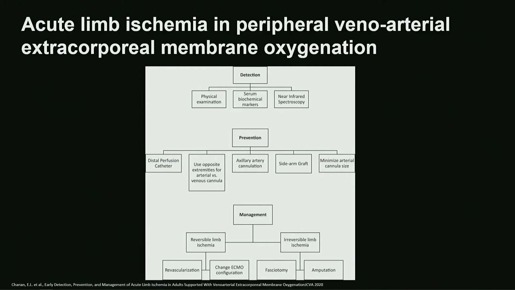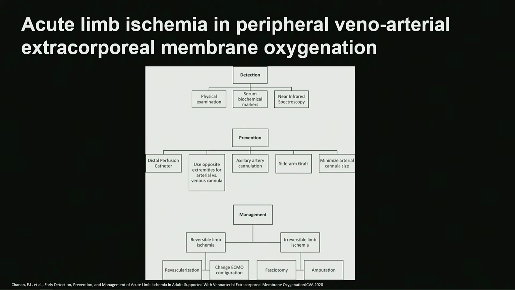Limb ischemia is also a really, really important complication of patients on extracorporeal circuits. When we talk about limb ischemia, we want to talk about detection, prevention, and management. When we talk about detection, this is where there is a somatic application of near-infrared spectroscopy.